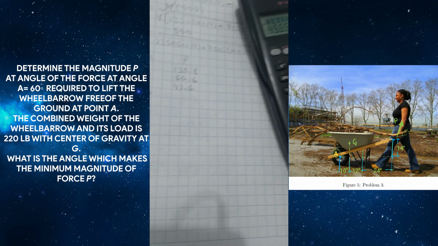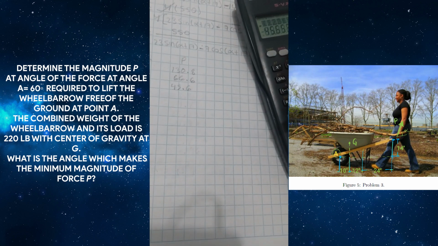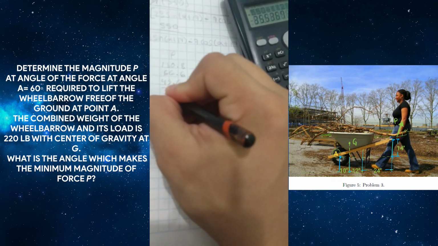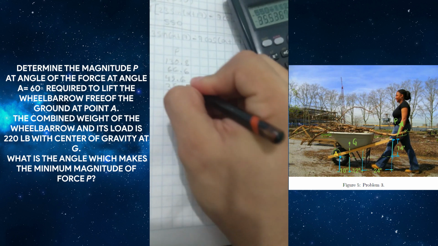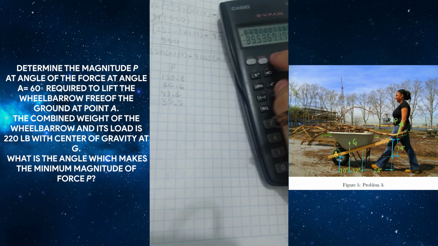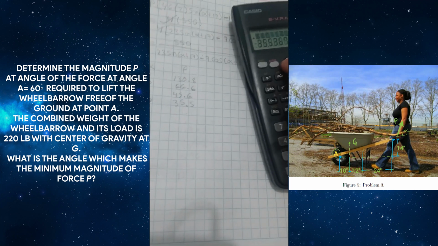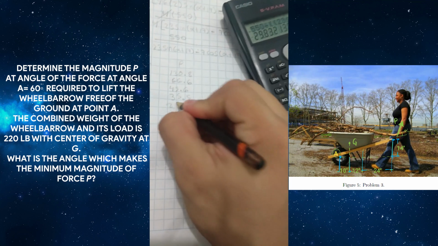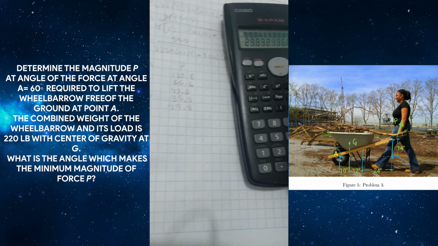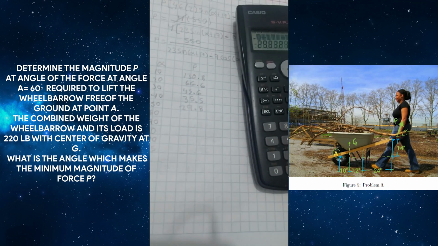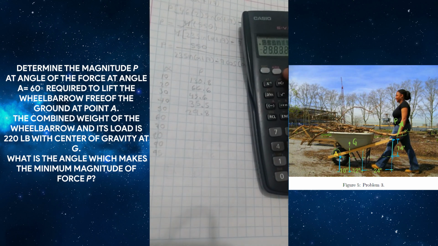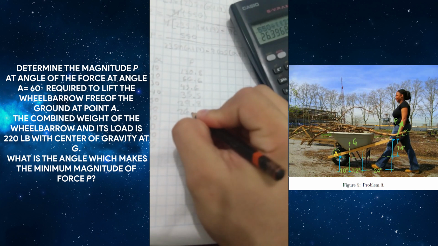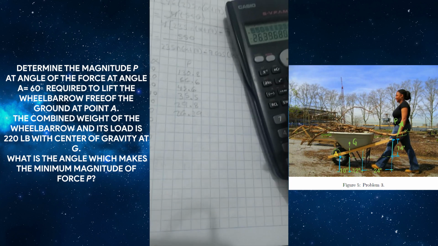For the angle at 40, the magnitude is 35.5. At angle of 50 it is 29.8. At 60 degrees it is 26.39.